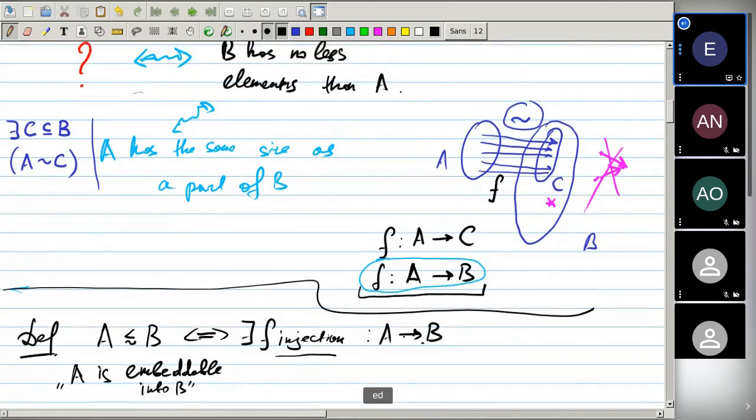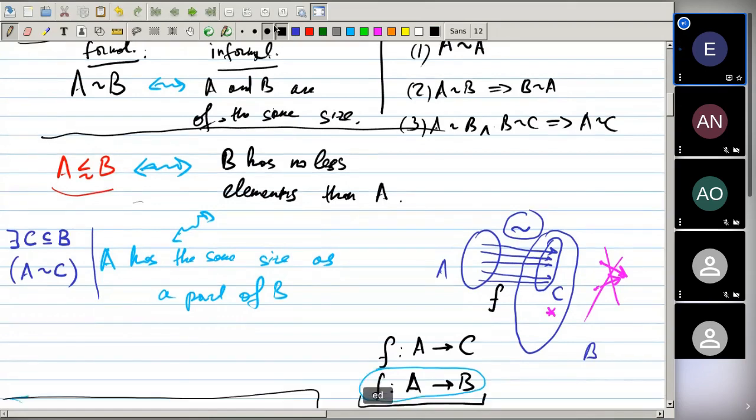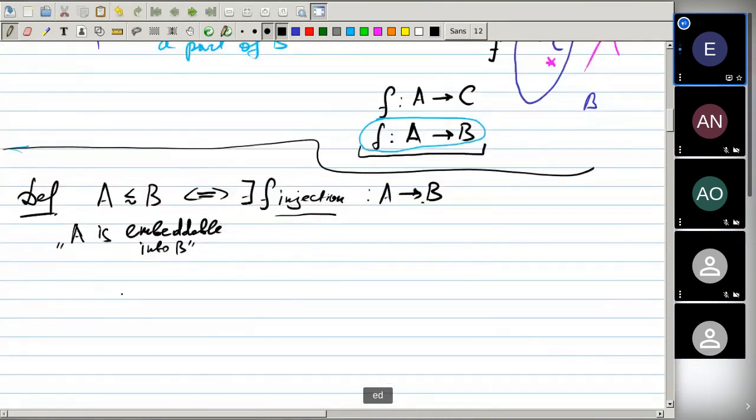And this very concept will be our formal analog to the informal notion that A is less or equal than B in size. Okay, and now let us look at a few examples.